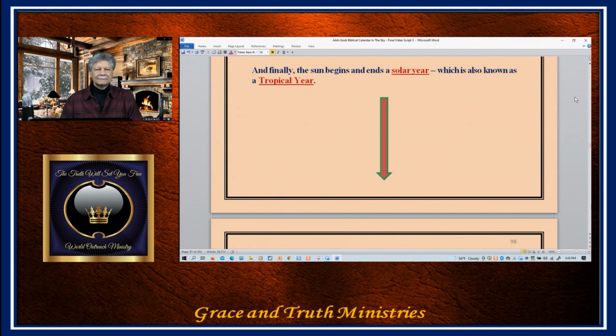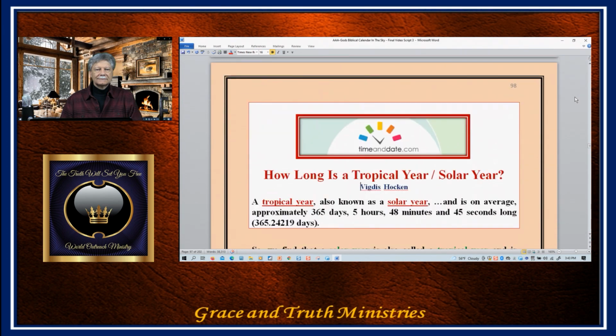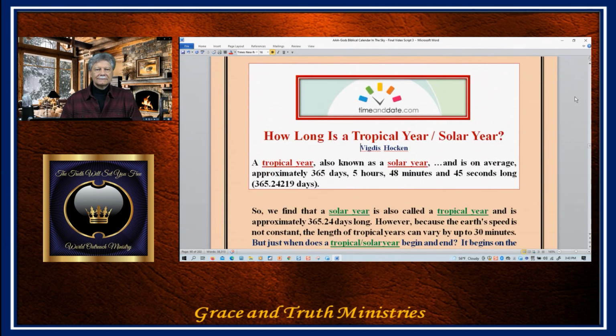And finally, and this is where we're going in the segment of the presentation, the sun begins and ends a solar year, now keep that in mind, which is also known as a tropical year. Again, from timeanddate.com. How long is a tropical year / solar year?